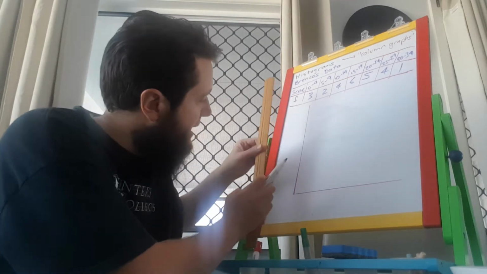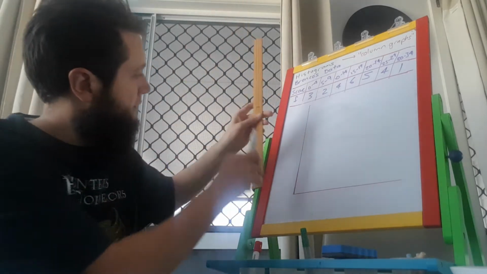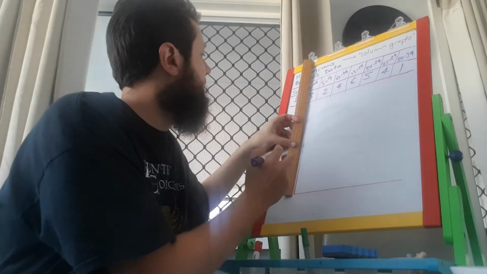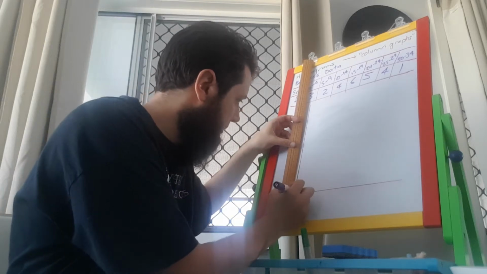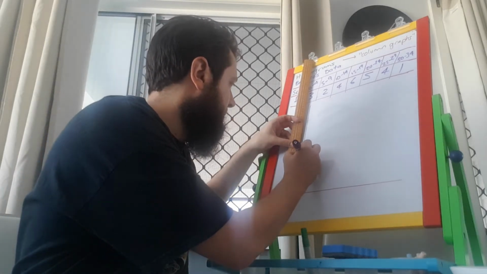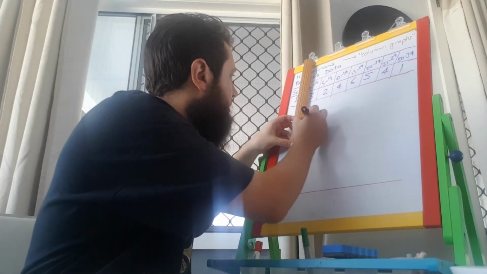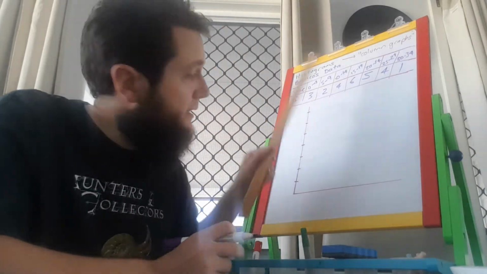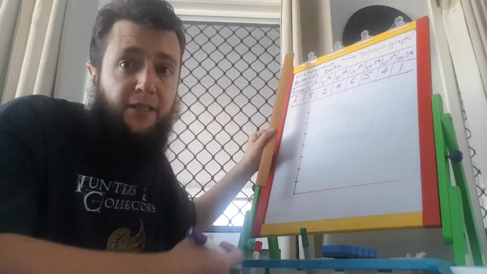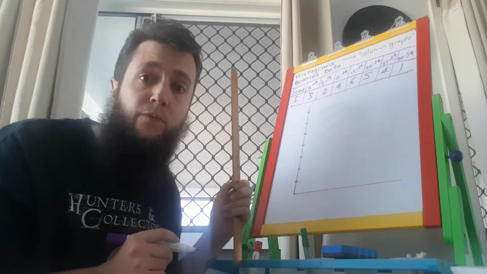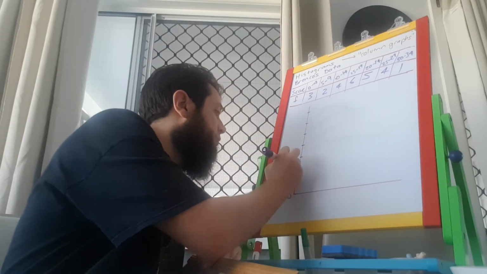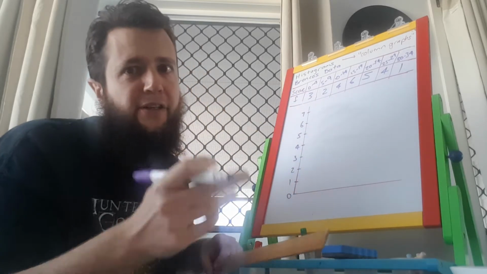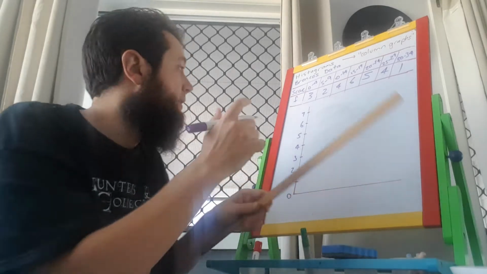But you need to measure out how far you're going to go for each data value. In my case, I'm going to do them every 4 centimetres because that means at 24 centimetres, I'll hit 6, which is as far as I need to go. Again, you're probably going to use 1 or 2 or 3 centimetres for each marker there. And then we can label it 0, 1, 2, 3, 4, 5, 6, and yes, I let it go up to 7 there, even though we don't have any value at 7.